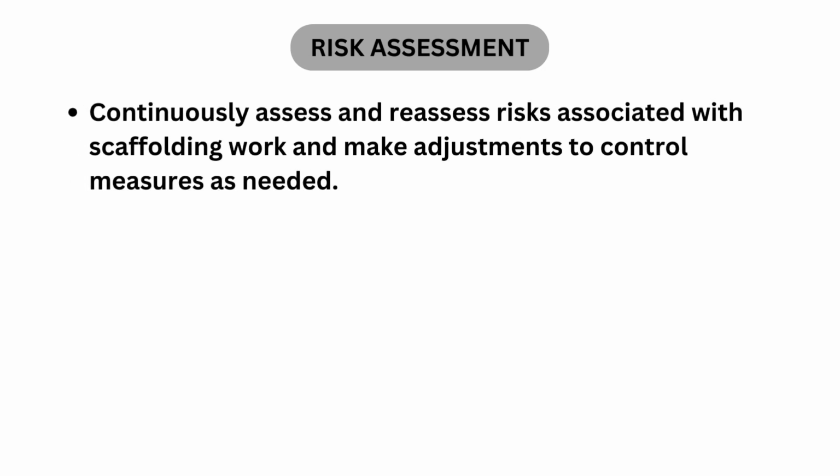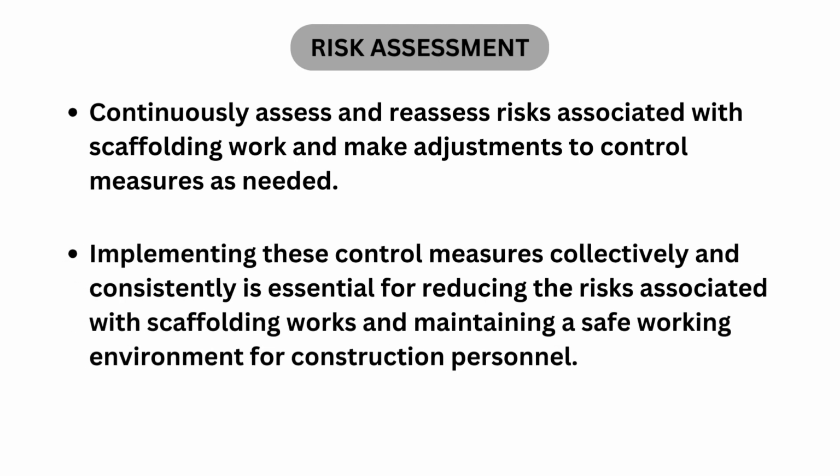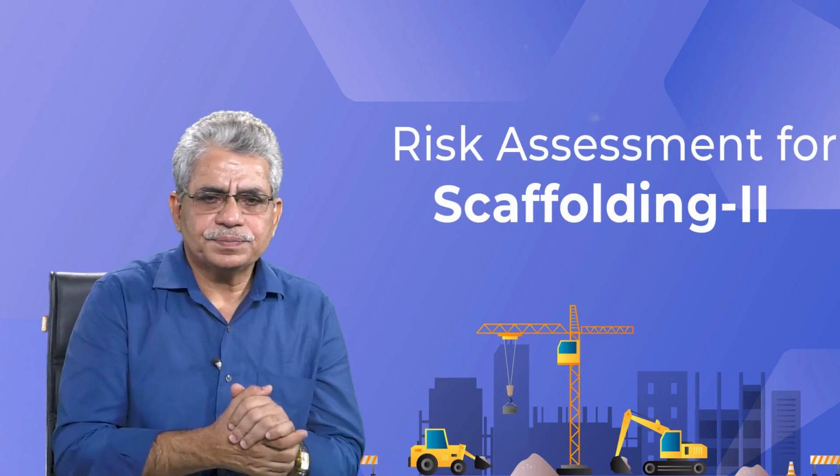Continuously assess and reassess risks associated with scaffolding work and make adjustments to control measures if needed. Implementing these control measures collectively and consistently is essential for reducing the risk associated with scaffolding works and maintaining a safe working environment for construction personnel.